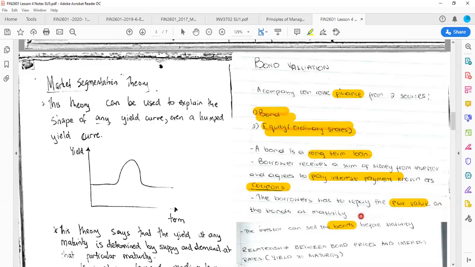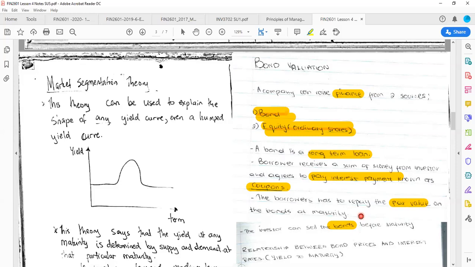So the investor might decide that they no longer want to wait until maturity, and they can take that certificate, sell it to someone else, and then that person gives them money, the price of the bond. And then the person they sell the bond to is the one who will now receive coupon payments from the company. And then at maturity, that person is the one who will be paid the par value. So you can sell a bond as an investor.